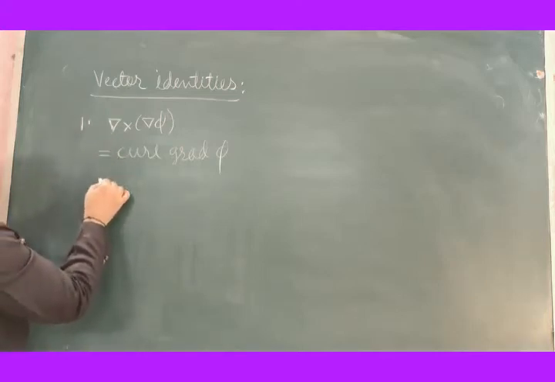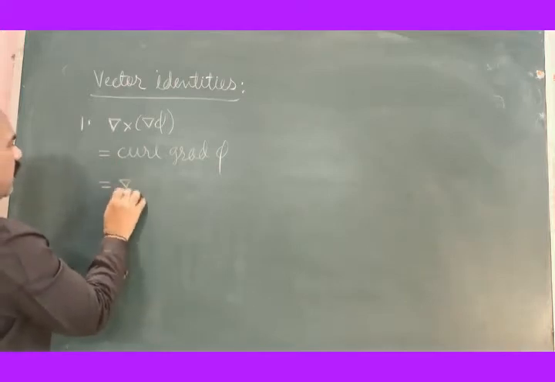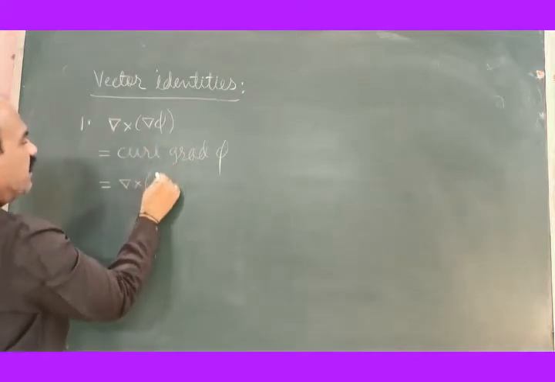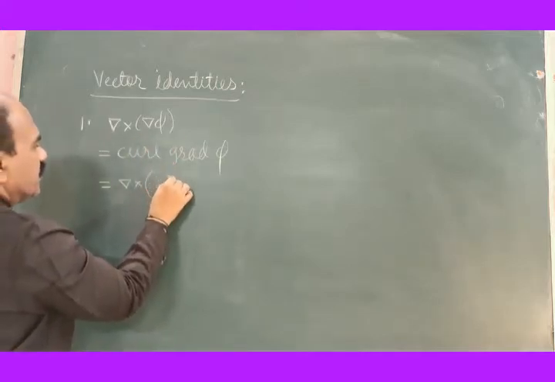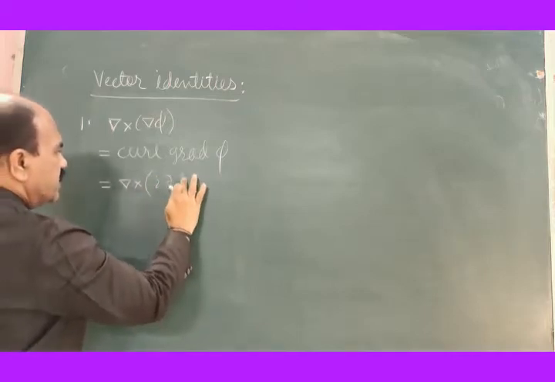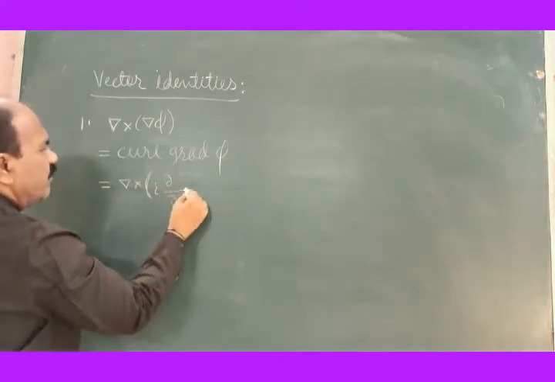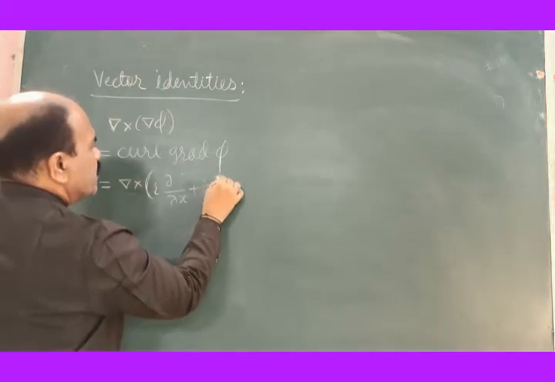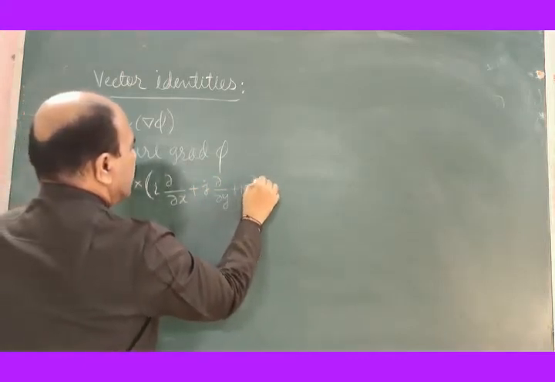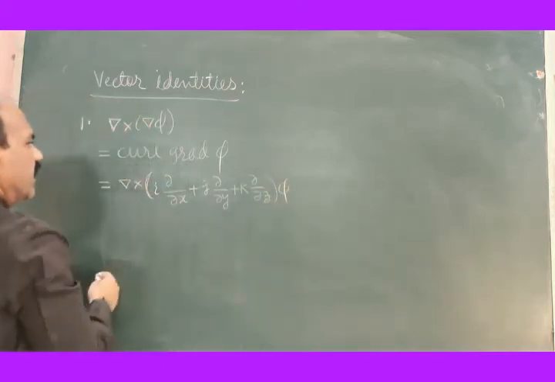So this can be further put as del cross del phi. What is del phi? You know this. It is i dou phi by dou x, or you simply write this way: i dou by dou x plus j dou by dou y plus k dou by dou z into phi.